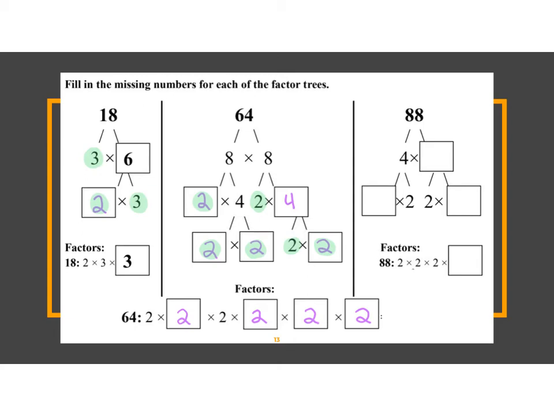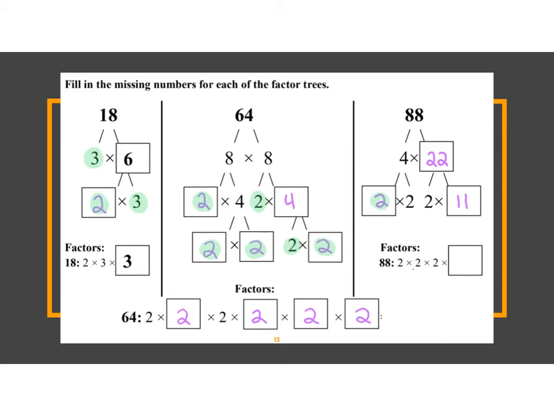88 can be broken down into 4 times 22. Both the 4 and 22 are composite, so they need to be broken down even further. 4 can be broken down into 2 times 2. 22 can be broken down into 2 times 11. Now I'm left with only prime numbers.